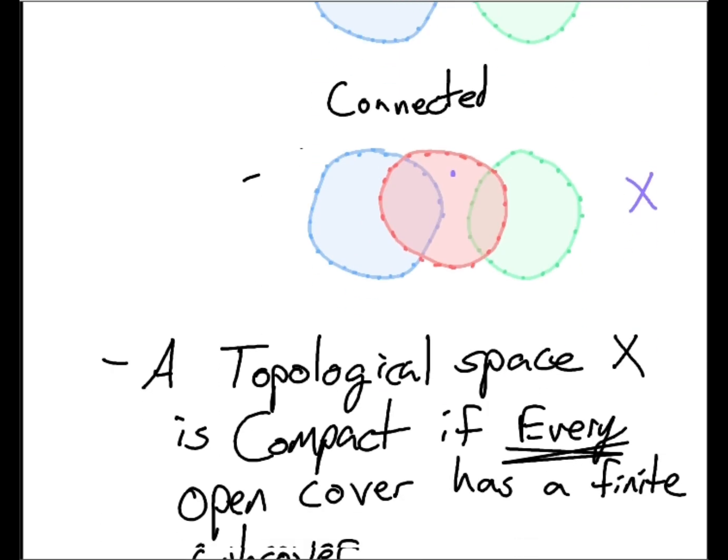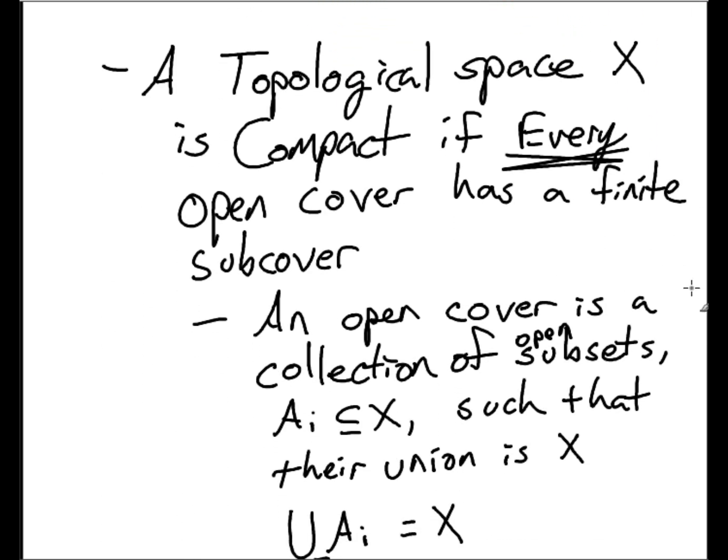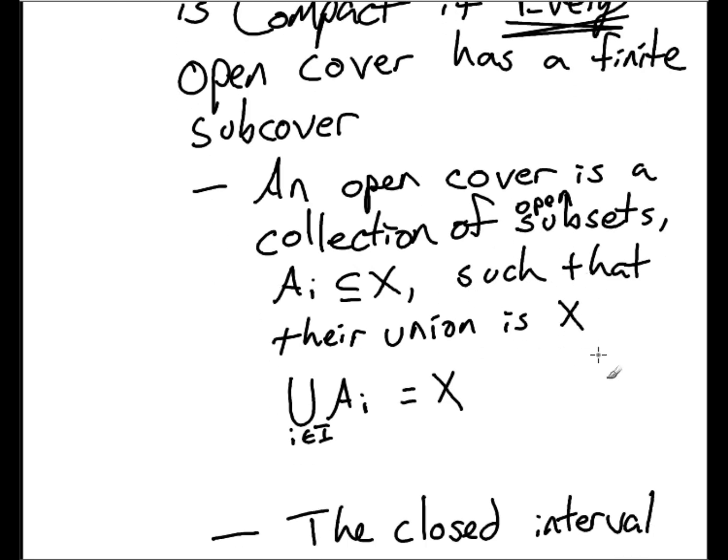The next one that we want to talk about is compactness. The idea of compactness is that if I take any open cover of my topological space, I can take a sub-collection of those sets, a finite one at that, and still cover the topological space. An open cover is a collection of open subsets such that their union is the whole topological space.